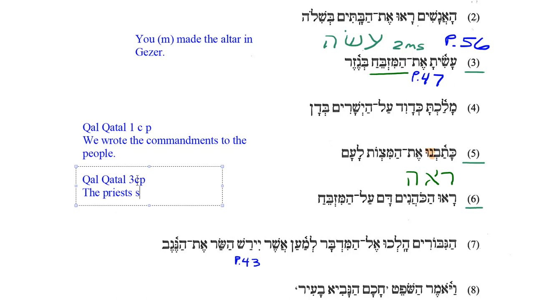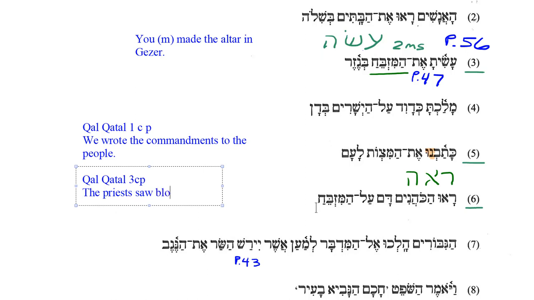So the priests saw, ra'u, and then what did they see? Dam is blood, al, upon or on, can also mean concerning, but in this case I'm thinking they saw blood on something. Al hamizbeach.